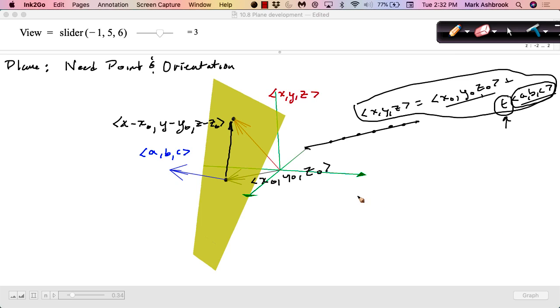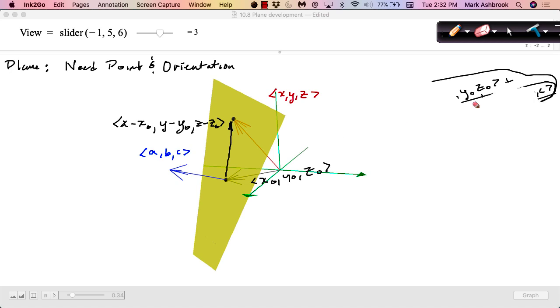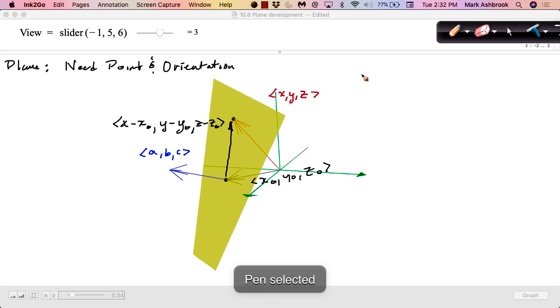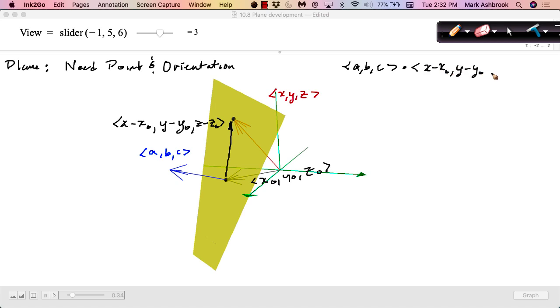And now what do we know about these two vectors? They're perpendicular. So that's the key to writing the equation. If they're perpendicular, what mathematical statement can I write? The dot product is 0. So I can do ABC dot that whole thing, equals 0.